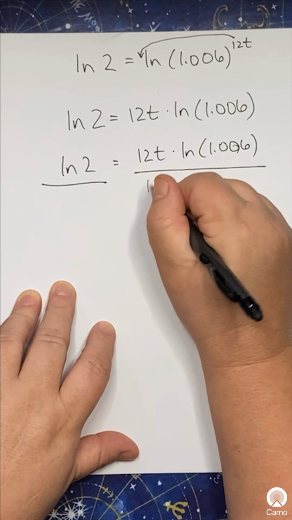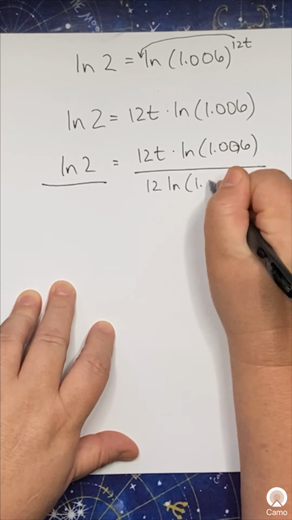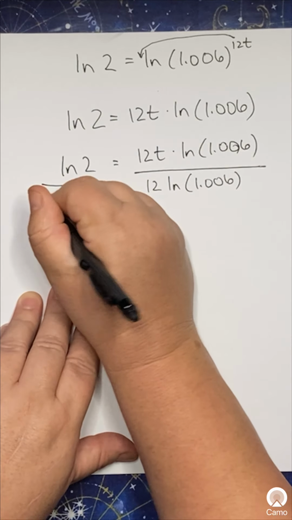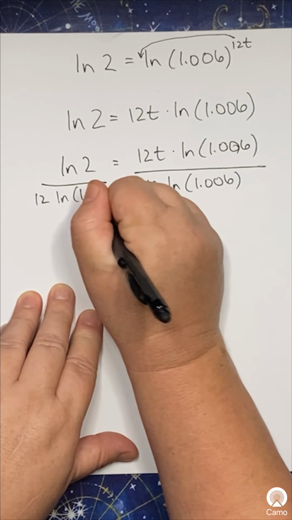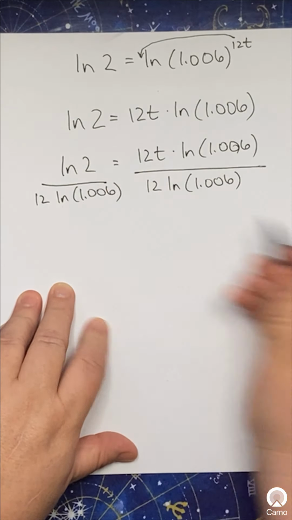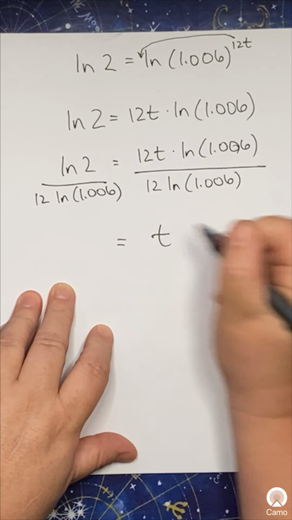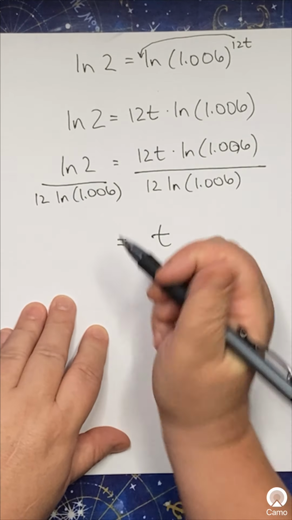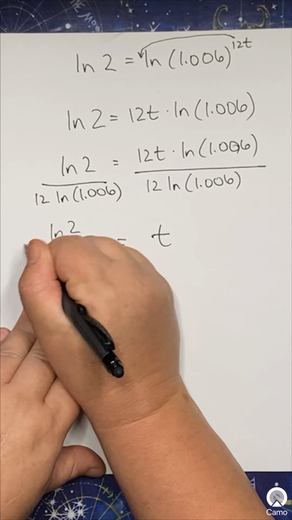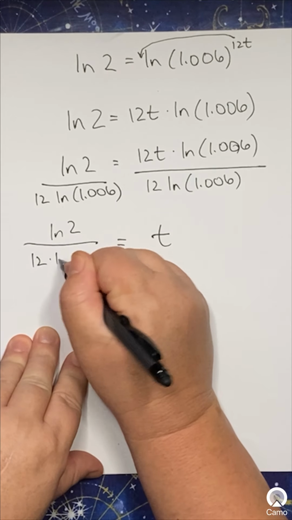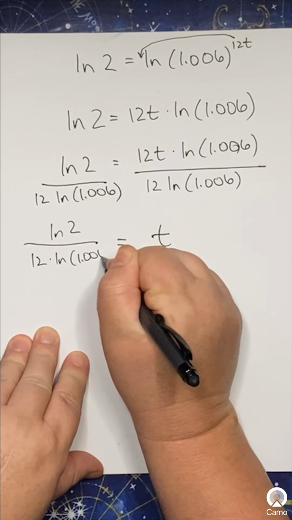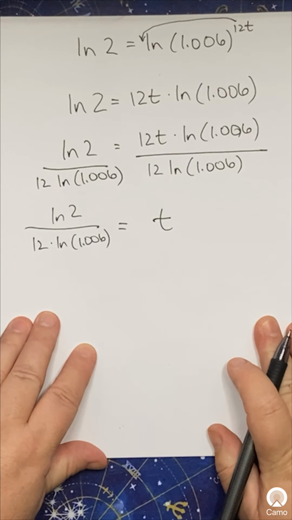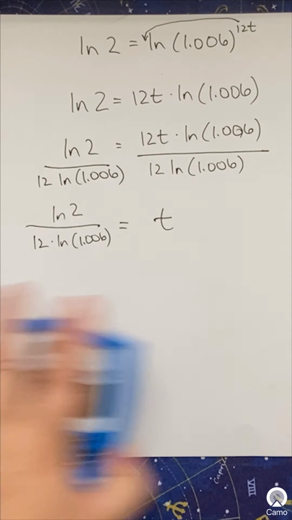I'm going to divide out the 12 and the natural log of 1.006, and I'll do that on both sides. So then t is the only thing left, and I get natural log of 2 all over 12 times natural log of 1.006. Okay, then we'll bring in our calculator. Yay!